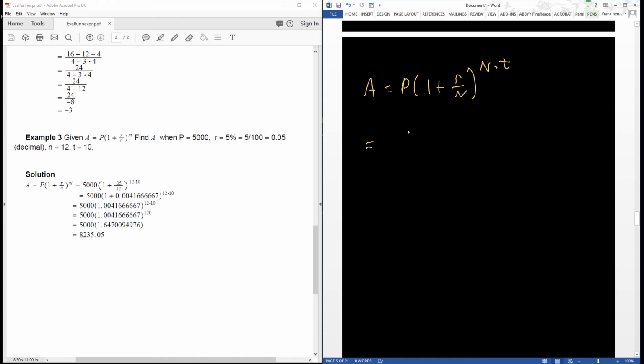P is 5,000. 1 plus r, which is 5%, which is 0.05. So you put in 0.05 here for r. And n is 12. n is 12 times t, and t is 10.